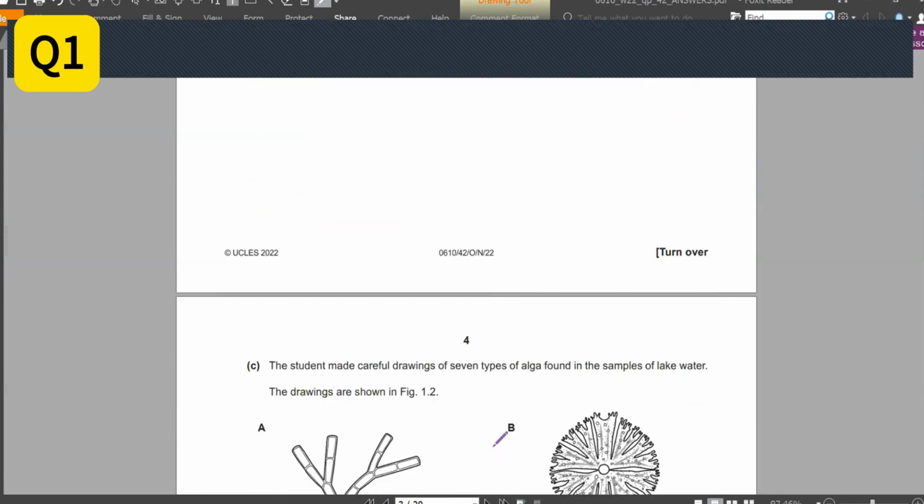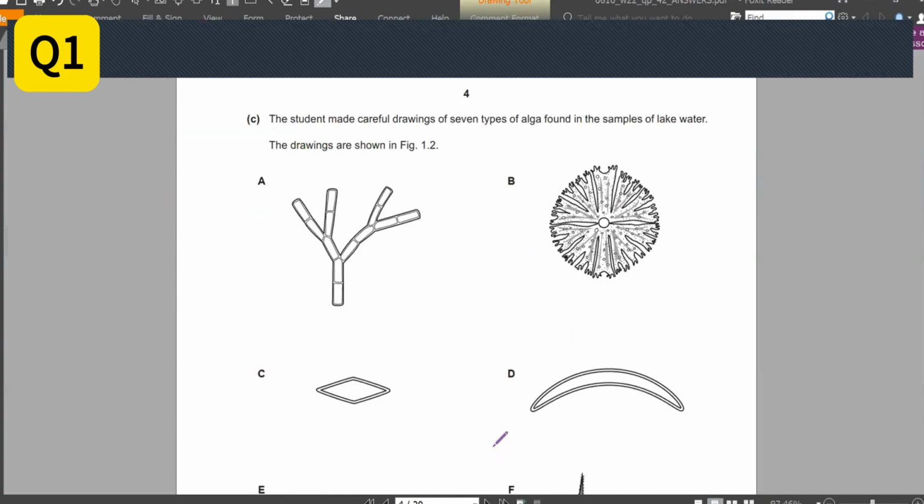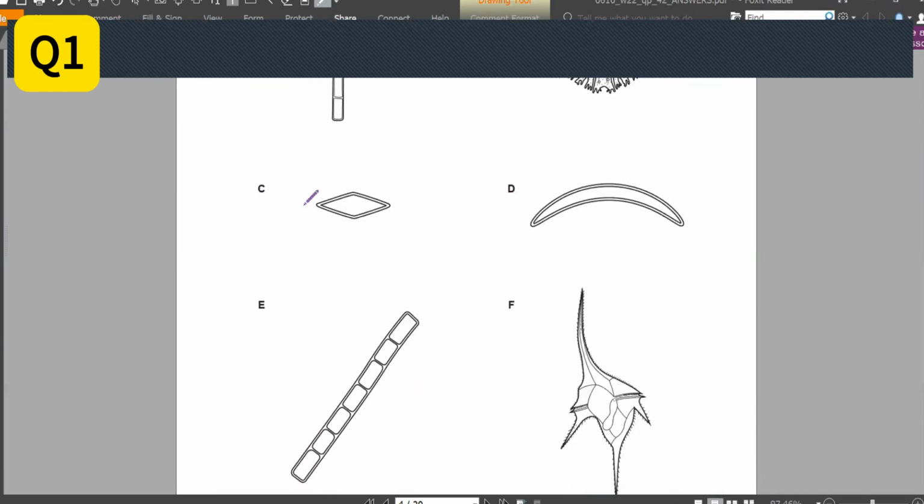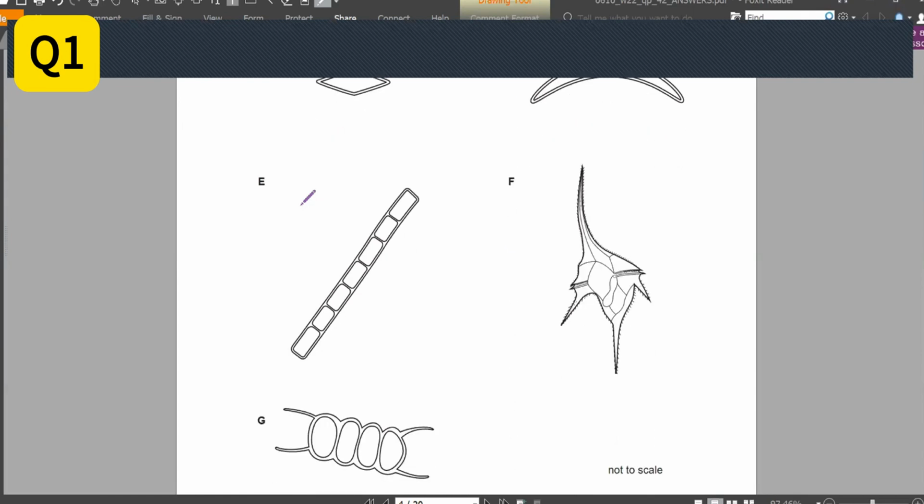All right. Next question. Now, the student made careful drawings of 7 types of algae found in the samples of lake water. So we have 7 types of algae with different shapes, different appearances, and so on.